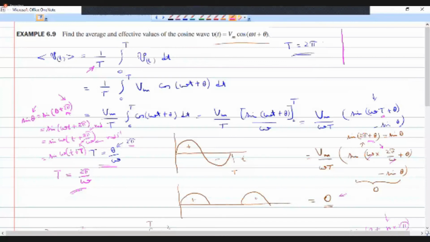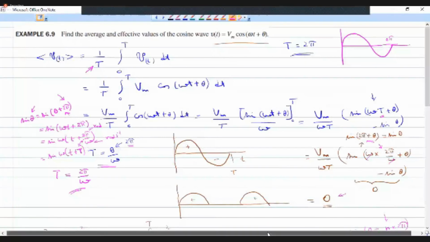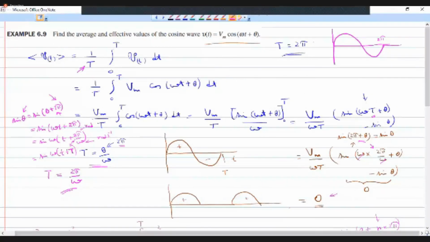Because you know what sine theta looks like. Now we are trying to do a phase shift of 2 pi. If I do a phase shift of 2 pi, what will happen to this? The function is not going to change. It is only phase shifted. It remains like this, but it is phase shifted by an angle 2 pi.